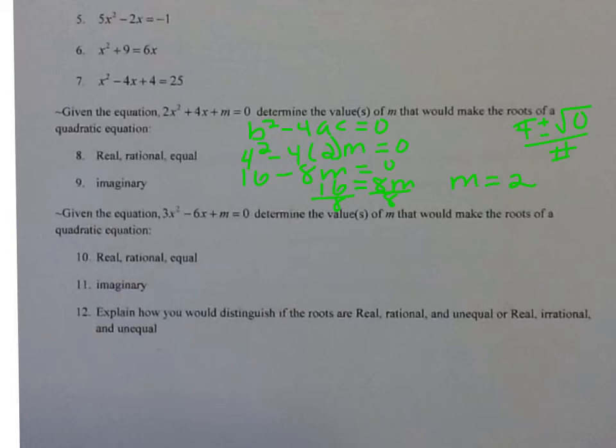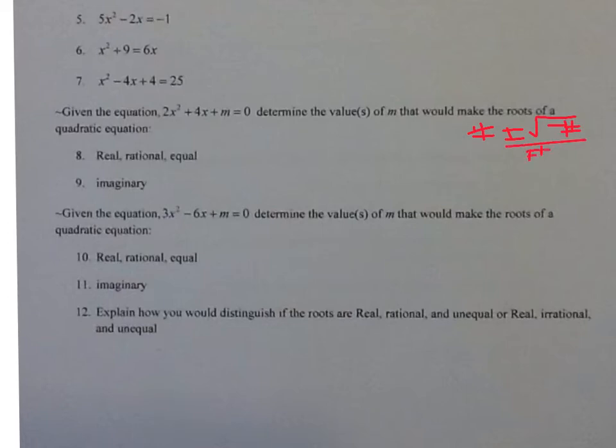So now what I want is I want imaginary roots. So remember, in order to have imaginary roots, the number that's underneath the square root symbol has to be some type of negative number. Doesn't matter what negative number it is, just any type of negative number. Has to be a negative here.